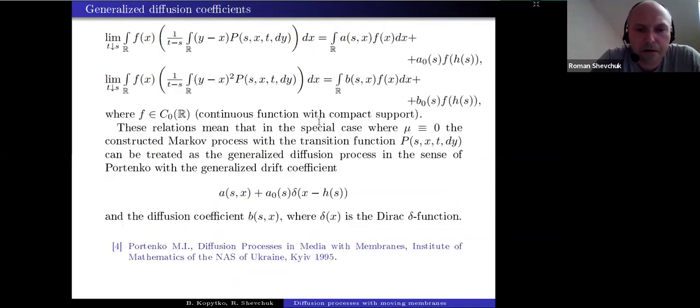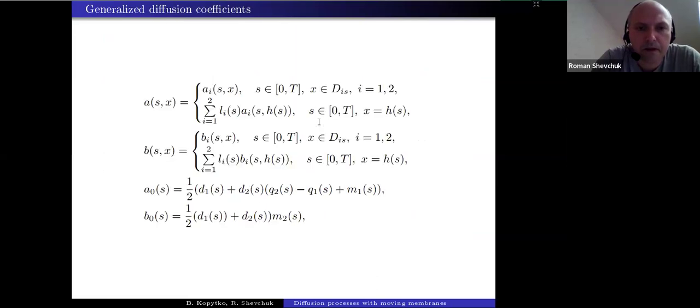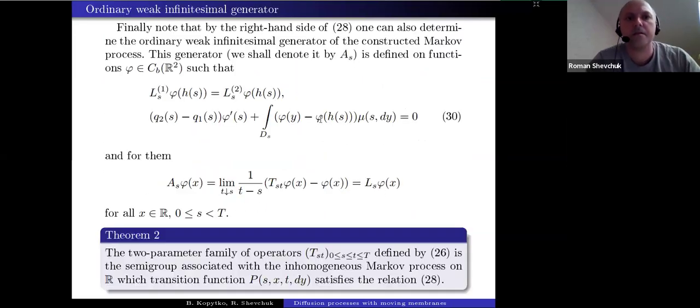Finally, I want to say that for this semigroup, for this process, we can also determine the ordinary weak infinitesimal generator.